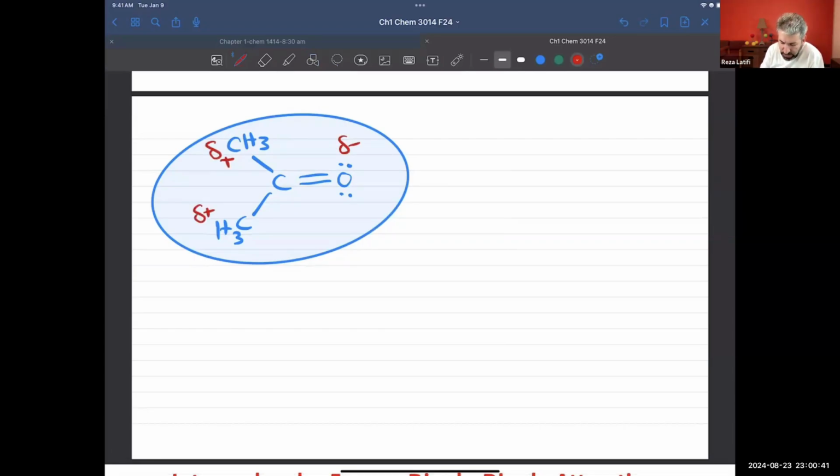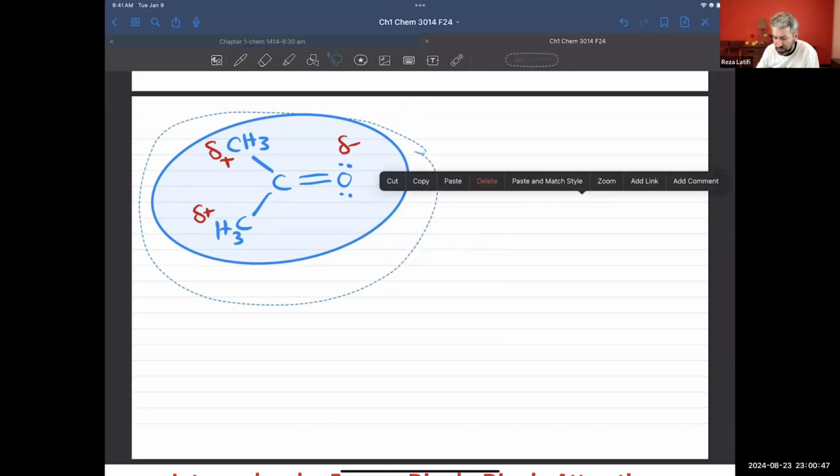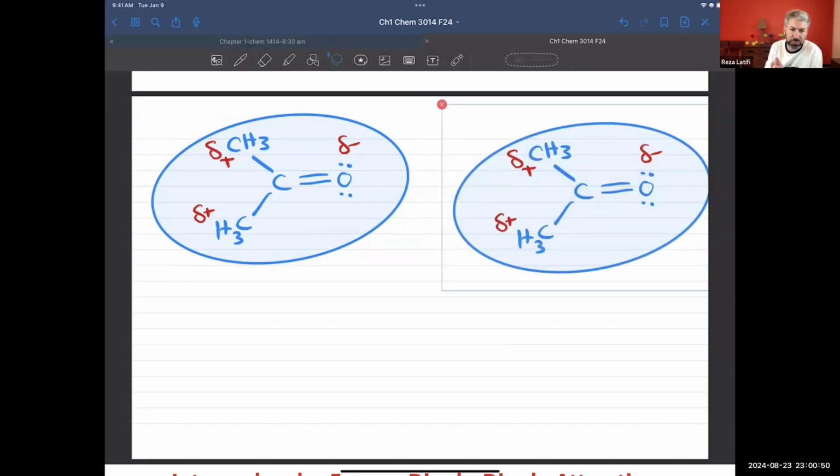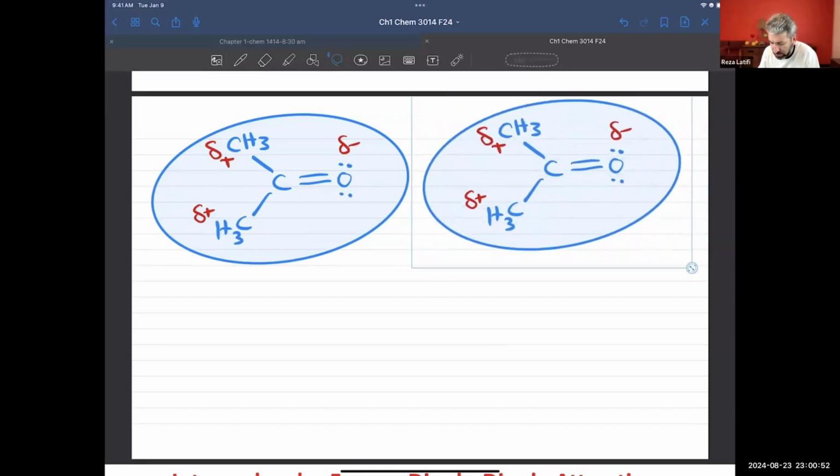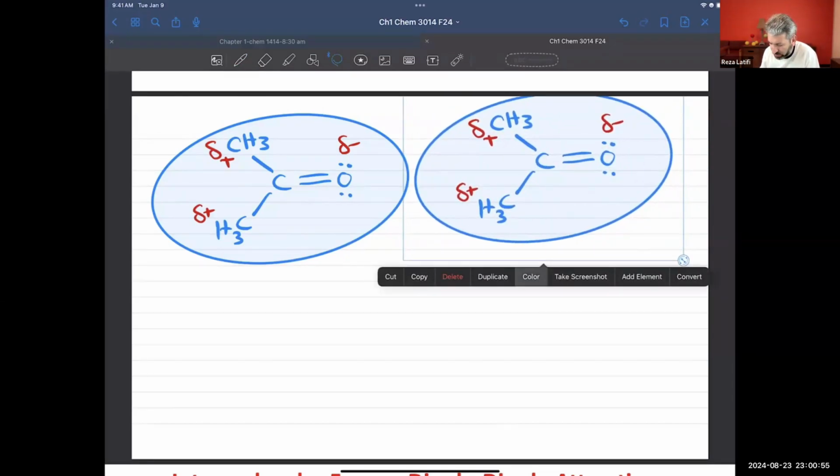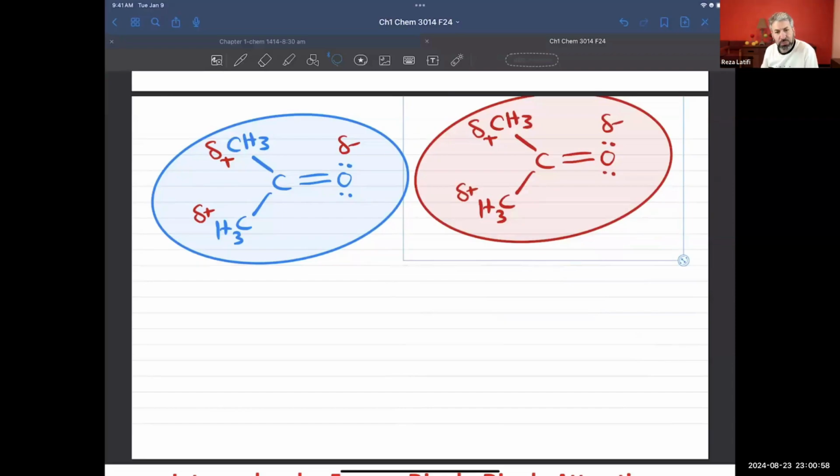If you copy and paste another molecule around it, the second molecule will reach it in a way so that the positive charge will be pointing to oxygen. Let me change the color for this one. The positive charge is pointing to oxygen. Now we have two species with opposite charges close to each other, and I expect to see an attractive interaction between them.